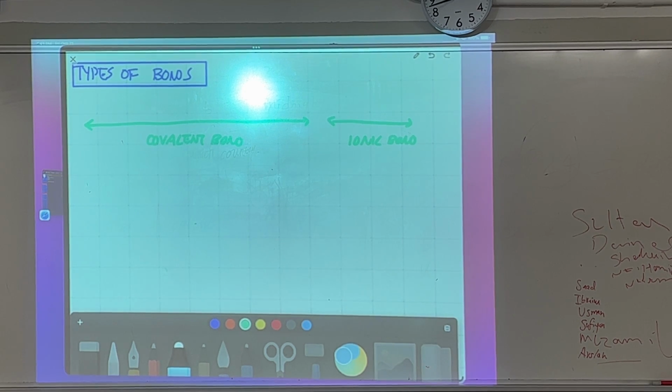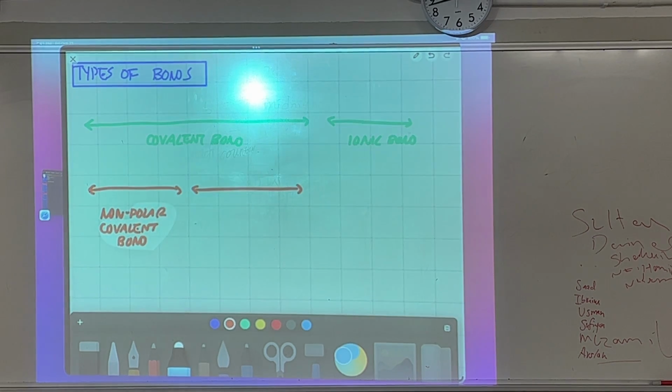You see the table. So under covalent bond we have 2 types of covalent bonds: the non-polar covalent bond and the polar covalent bond. So remember, polar means there is an uneven sharing of electrons.